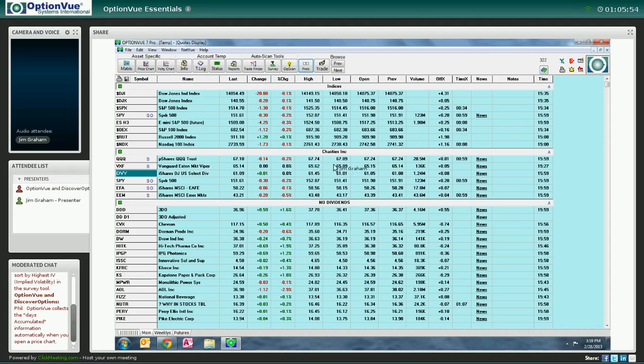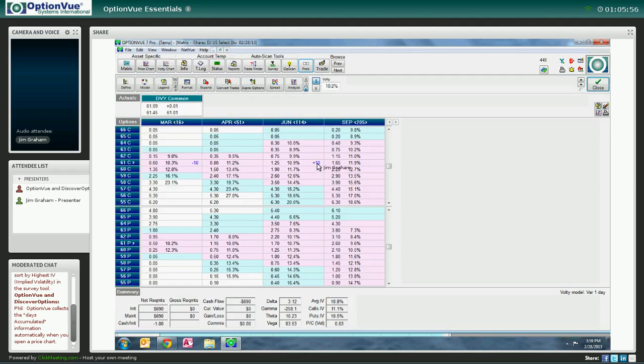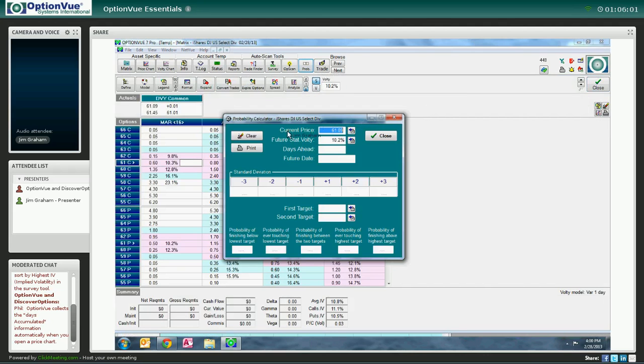But if you have a stock open, or any asset open, of course, and you open the probability calculator, it'll automatically put in the current price and the future statistical volatility. And you'll notice it has that same 10.2 we saw, which is in the shading. That's pulling from that uniform model, the statistical volatility. And now it can go so many days ahead, 7 days ahead. So that's where this input comes from.